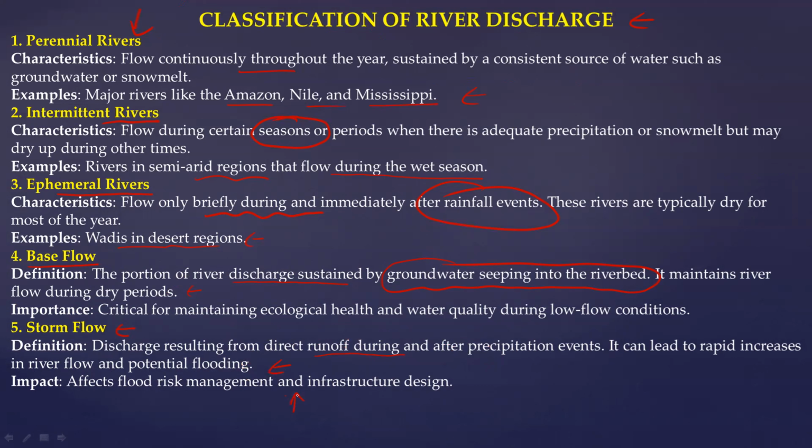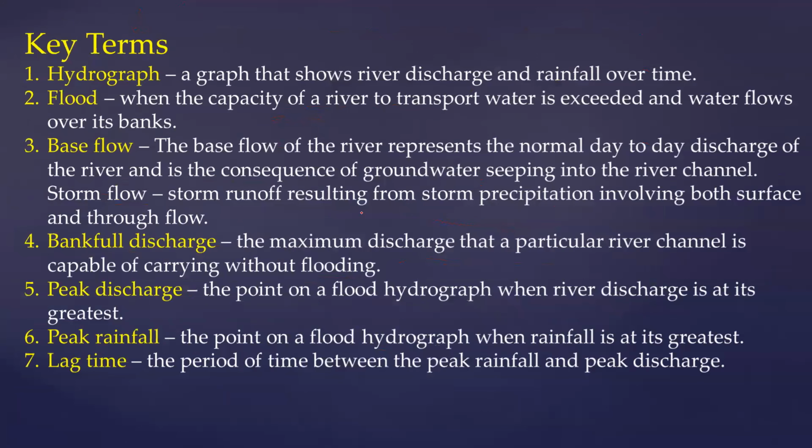This is very important. And these days, a lot of flood risk management and infrastructure design keeps river discharge in mind always. Now, look into some key terms: hydrograph, flood, base flow, bankfull discharge, peak rainfall, and lag time. These are some of the terminologies that you should not forget whenever you are learning this particular topic.